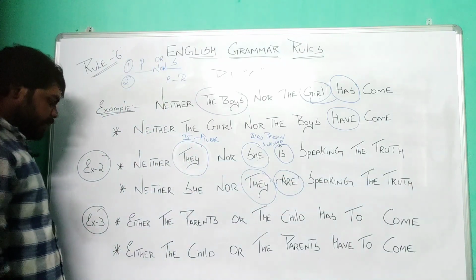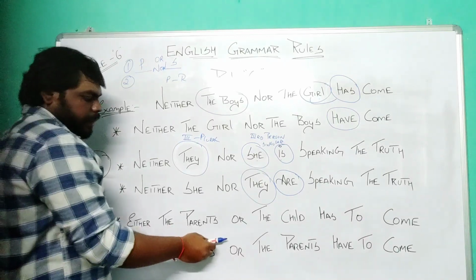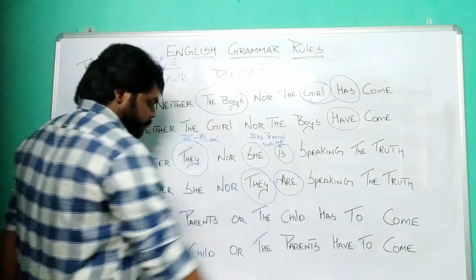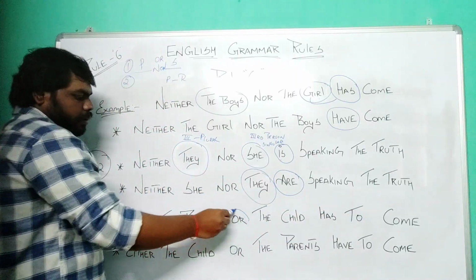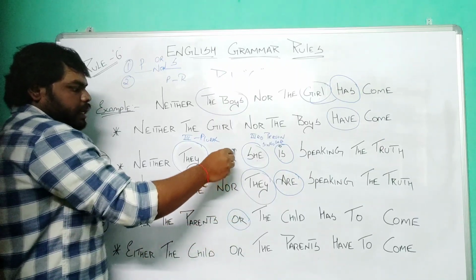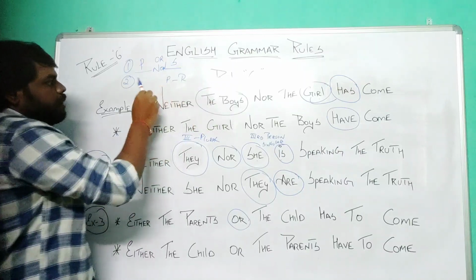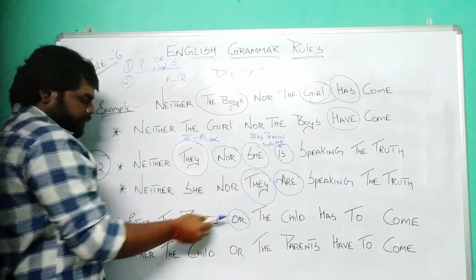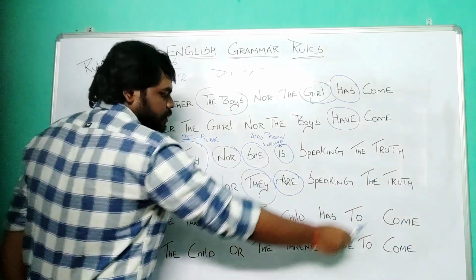Right? Let us see the last example. Either the parents or the child has to come. Here the sentence has been connected with or. Previously it was connected with nor. According to rule 6, it applies here, right? Either the parents or the child has to come.